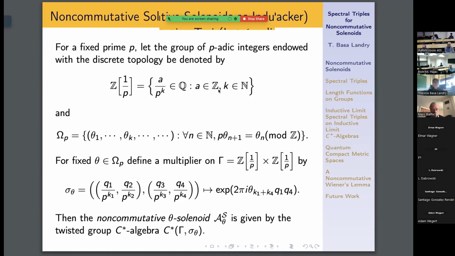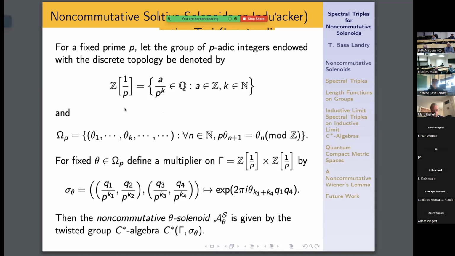For each of the entries in the sequence, associate the corresponding rotation algebra, using the rotation algebra that is star isomorphic to the quantum torus, subject to that sort of commutation relation where theta is encoded.